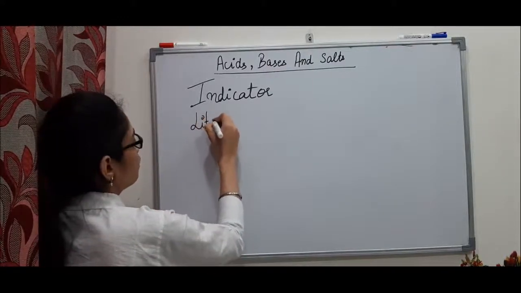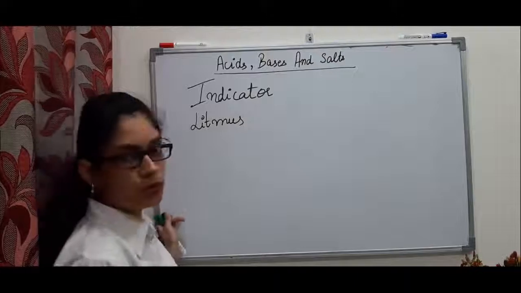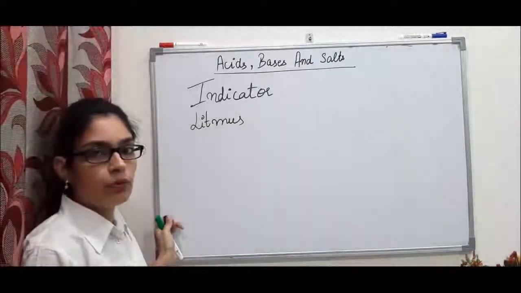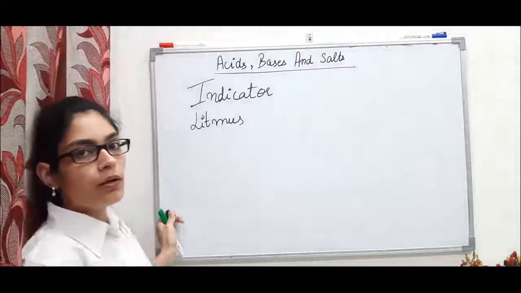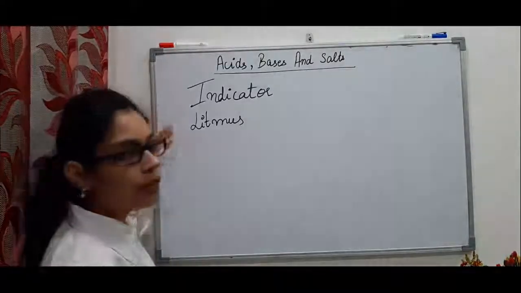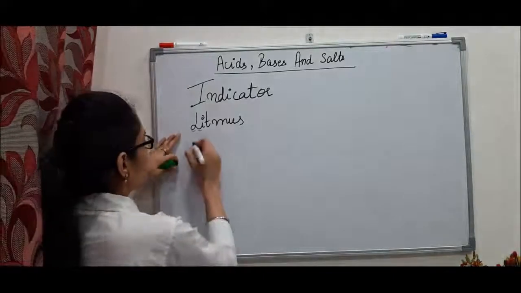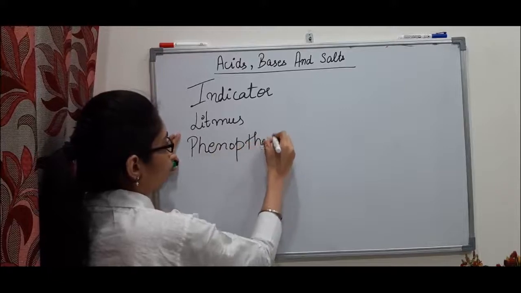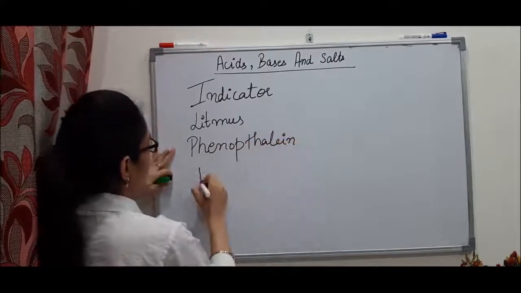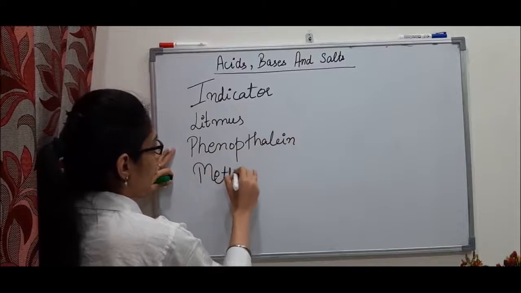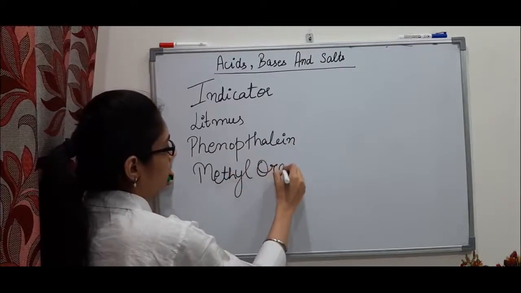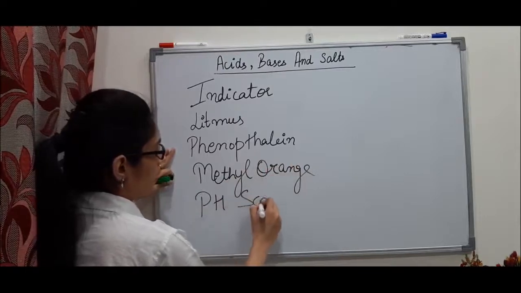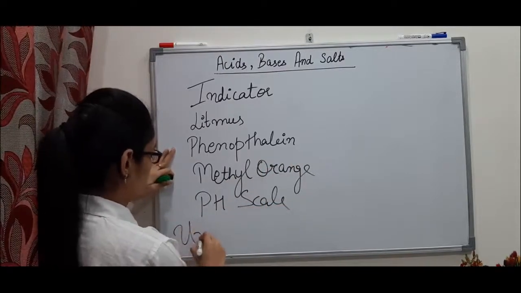Very commonly used indicators are litmus. Litmus can be used in solution form, and it is also available in paper strips. We have used blue litmus paper or red litmus paper. Then we have phenolphthalein solution, methyl orange, pH scale, and universal indicator.